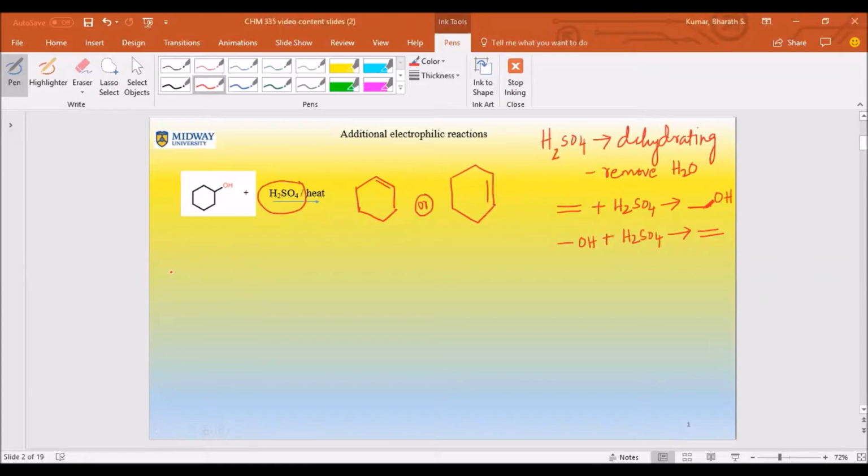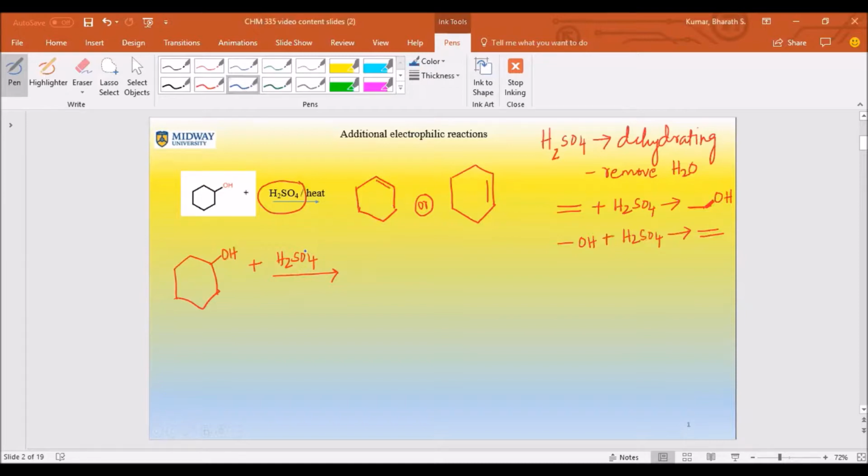Now let's look at the mechanism here. So here's your starting material, plus your H2SO4. Now we will see another compound, which is a slightly modified version of this compound, where we are going to see the hydride shift that we learned when we learned the material for exam 1. Whenever you add sulfuric acid, which is a proton-rich compound, it's initially going to give away a proton before it takes away the water molecule.